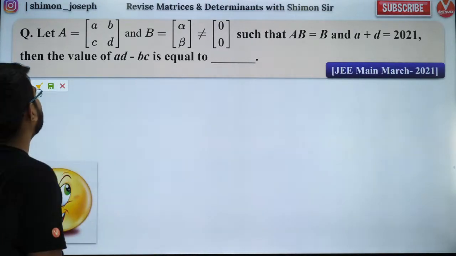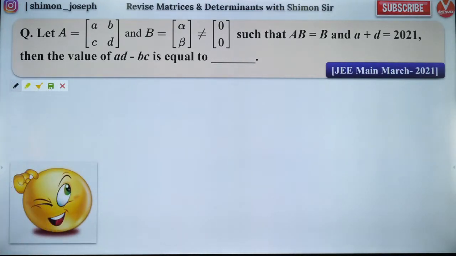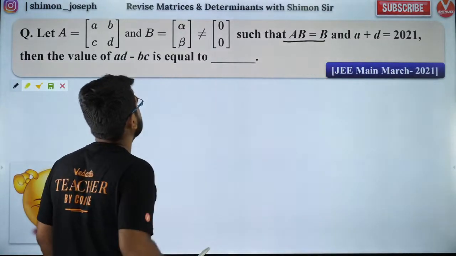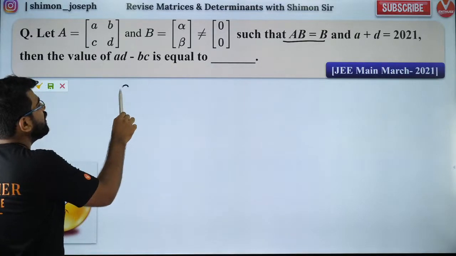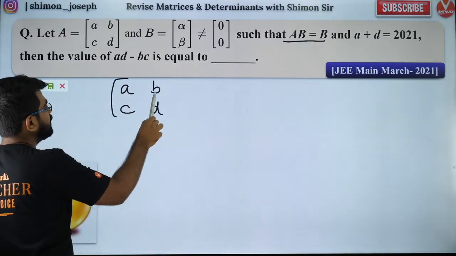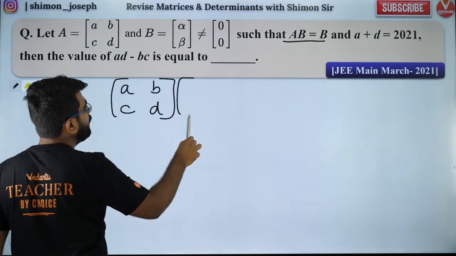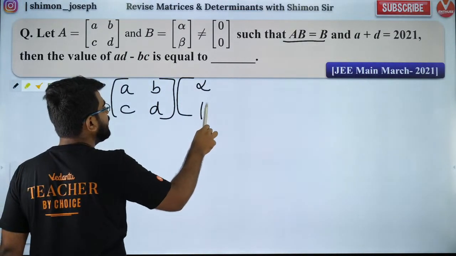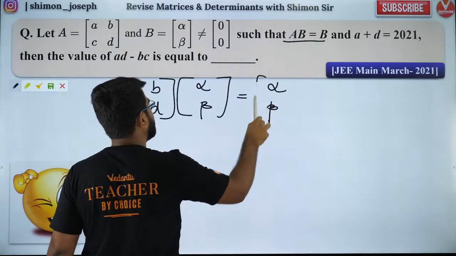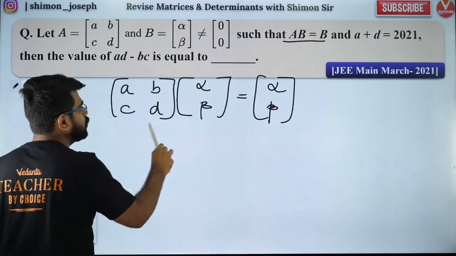Please listen carefully. What do we have here? We have AB is equal to B. That is the statement given to us. So let's try to do that. We have the matrix A, which is [a, b; c, d], multiplied by B, which is [alpha; beta], and that is equal to B again, which is [alpha; beta]. Now let's multiply these two matrices.